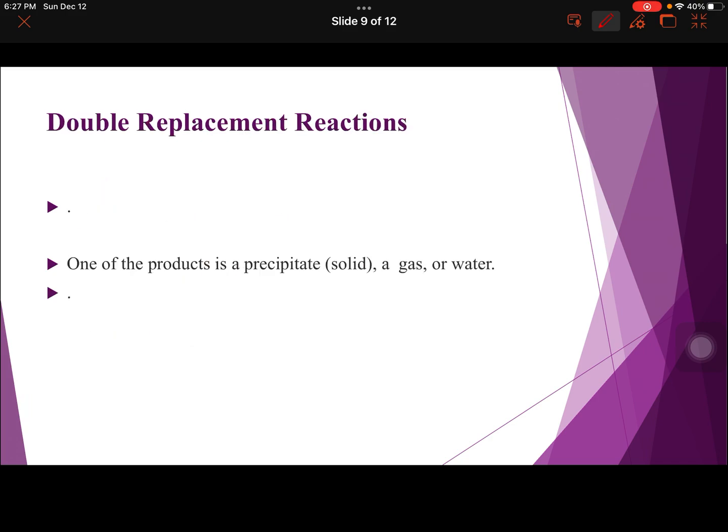The last type of reaction is called a double replacement reaction. I don't know if this reference will even make sense to you, but there was a show called Wife Swap, or Trading Spouses, where you would have a family who lives in Beverly Hills, and a family who lives in middle America, and they would swap moms for a week and have to teach the family their routine.